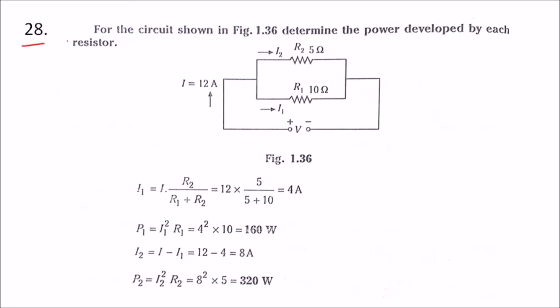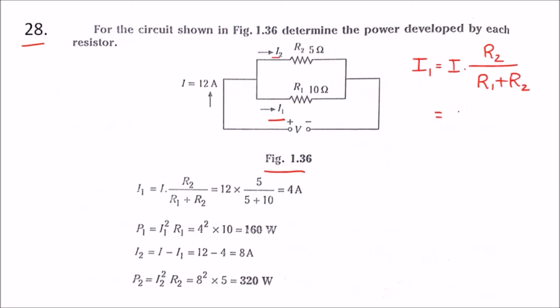Problem number 28. For the circuit shown in figure 1.36, determine the power developed by each resistor. To find the power developed by each resistor, we have to find I1 and I2. For I1 we have a formula: I1 is equal to I into R2 whole divided by R1 plus R2.